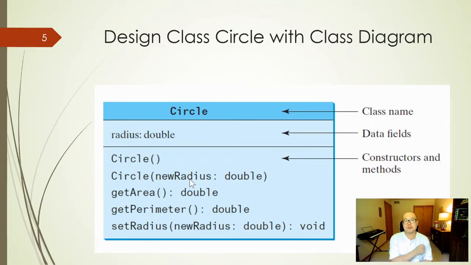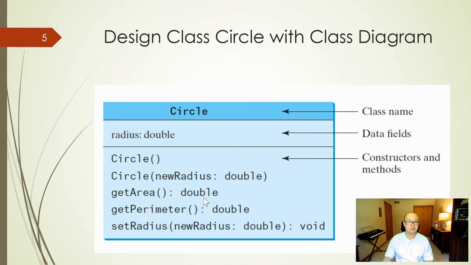I'm going to show you the differences between the two constructors, and you can see the formal parameters are the same as the variables here. The name of the parameter comes first, followed by a colon and then the type. Okay, so getArea is a method. You can see here its return value type is double.